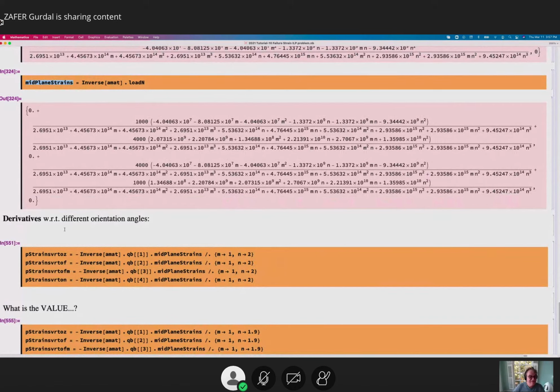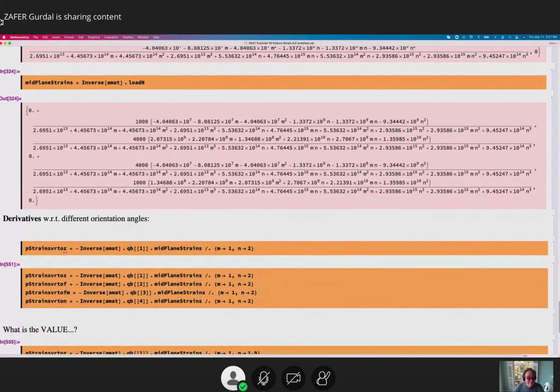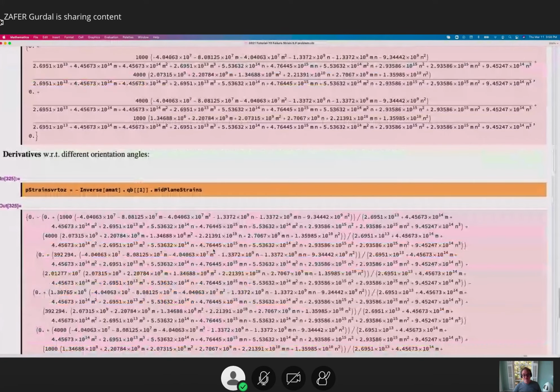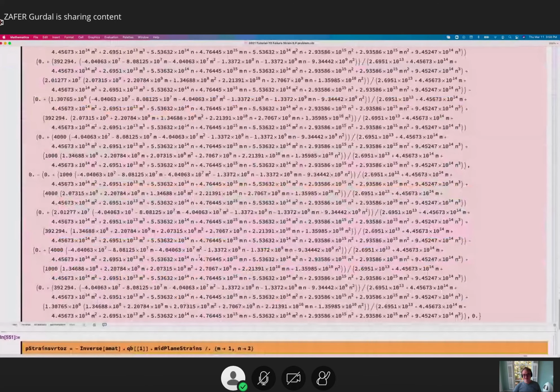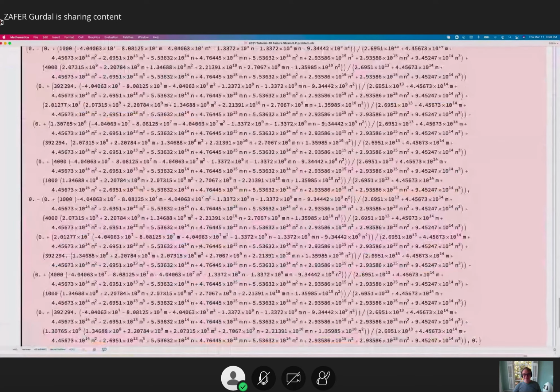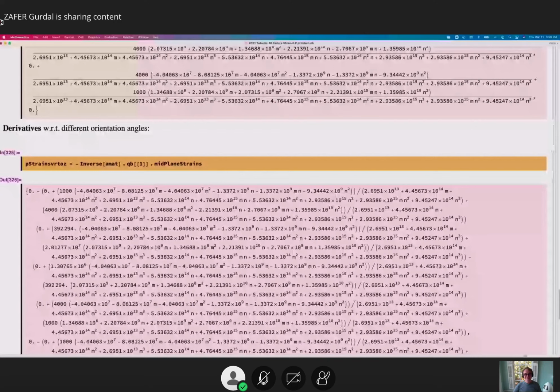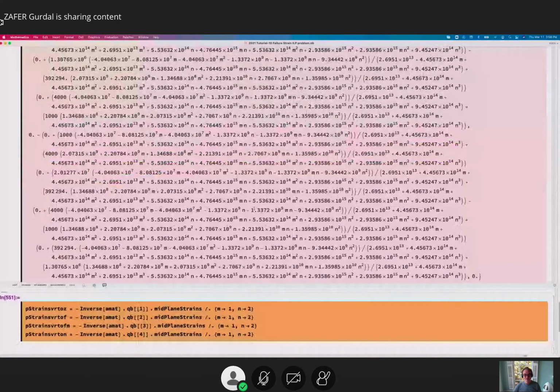So what I need is, say, one of these, without using this construction. So not for all four, but just one of the derivative vectors is this. It has the inverse of the A and multiplying that, and the inverse of that, and multiplying it, and at the end you get a big, huge mess of numbers in terms of m and n.